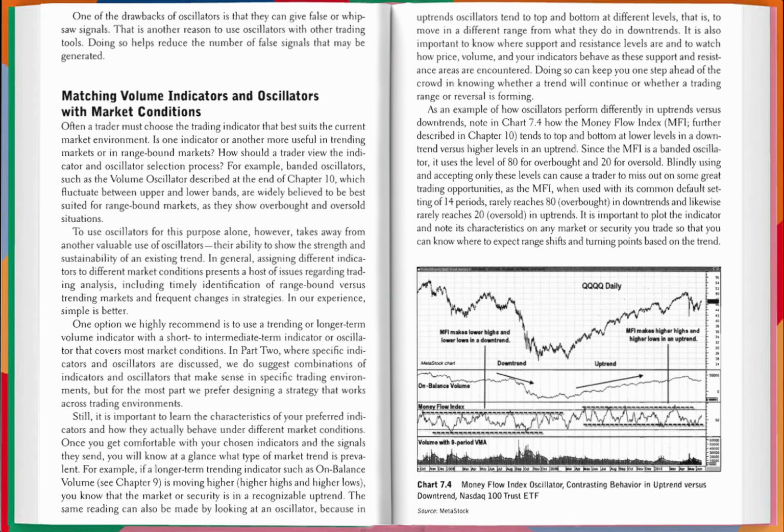Blindly using and accepting only these levels can cause a trader to miss out on some great trading opportunities, as the MFI, when used with its common default setting of 14 periods, rarely reaches 80 overbought in downtrends and likewise rarely reaches 20 oversold in uptrends.